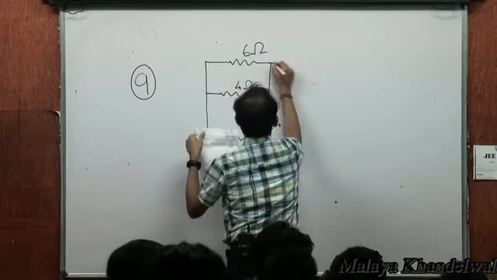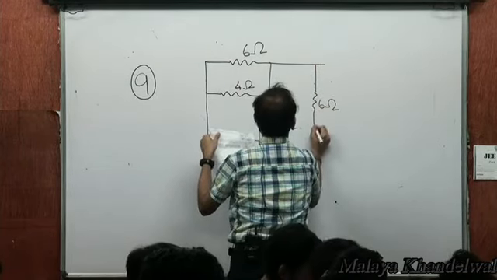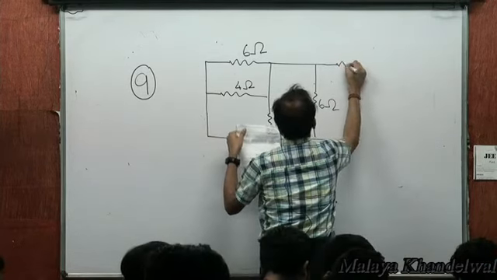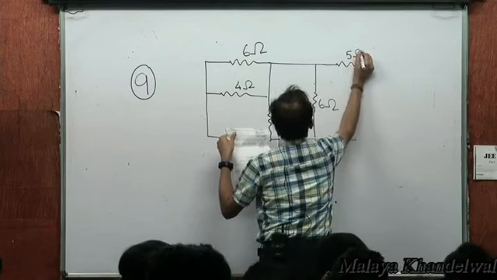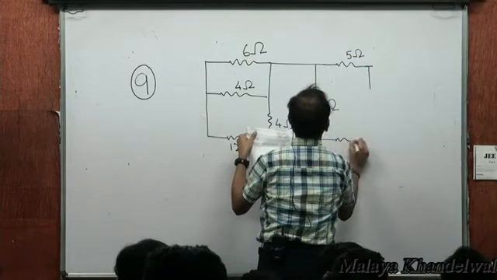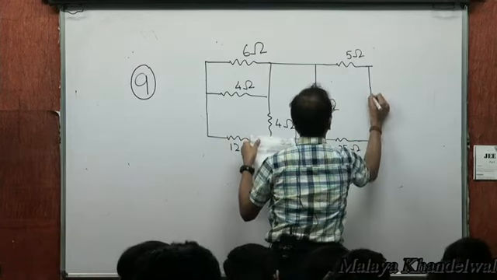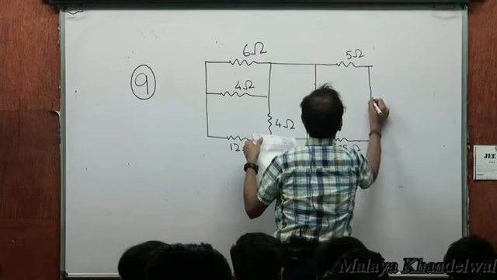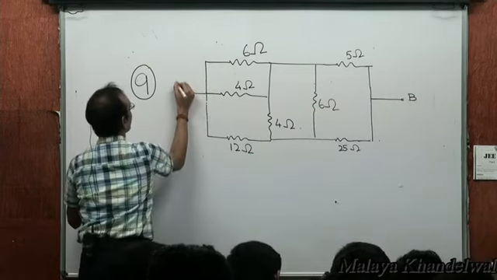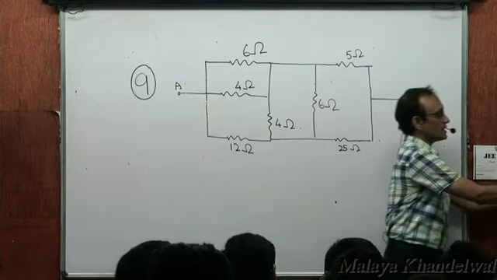Ohms like this, 6 ohms like this, 5 ohms this way. We want to find the equivalent resistance across terminals A and B.